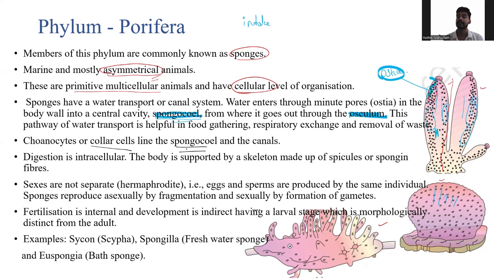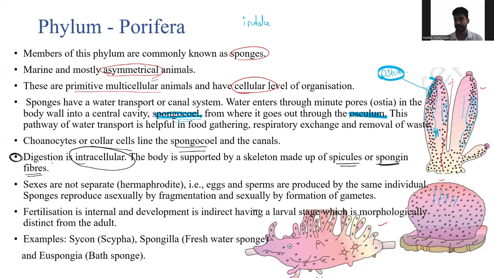The major thing is they help in coordination. Coming to digestion, it is intracellular digestion, and the body is supported by a skeleton made up of spicules or spongin fibers. This is very important: digestion is intracellular and the body is supported by a skeleton made up of spicules or spongin fibers. Now you are clear about these points.